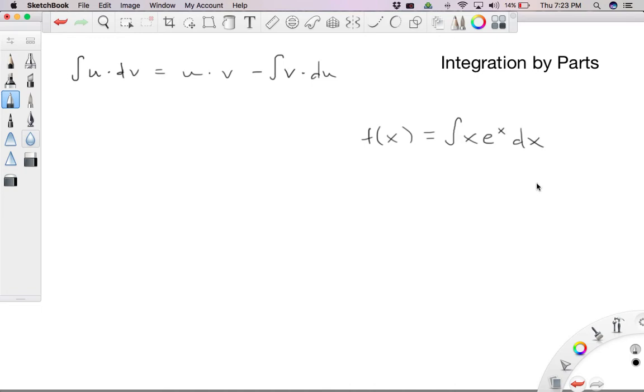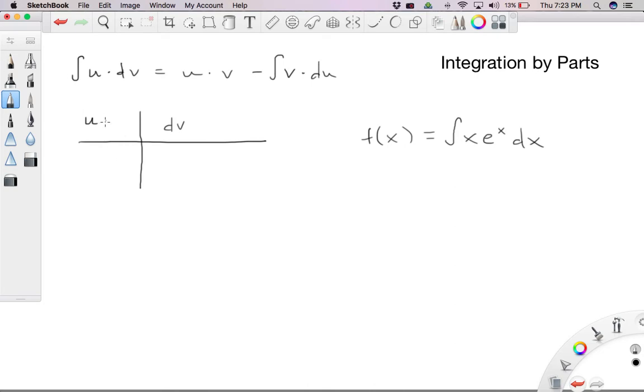Okay, so we're going to assign u, we're going to assign dv, and this is going to work similar to like a u substitution. So right now u and dv are both going to be containers that are going to contain functions.